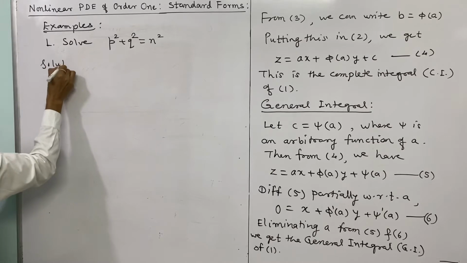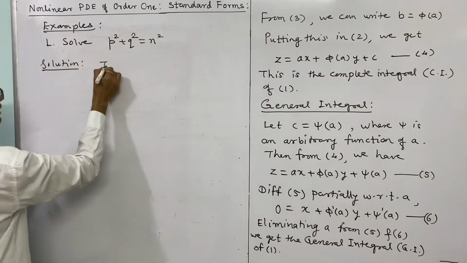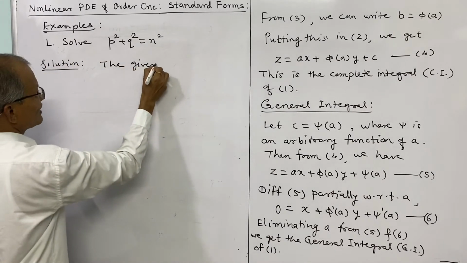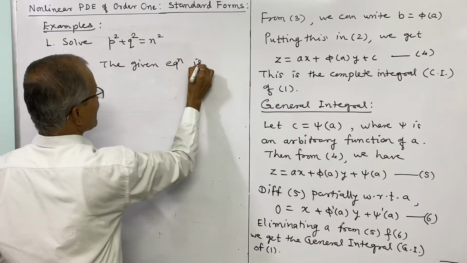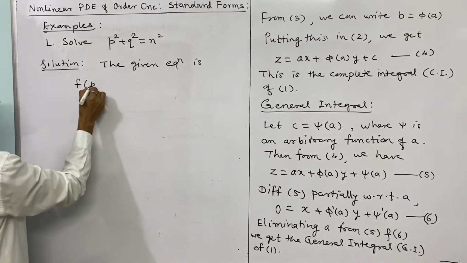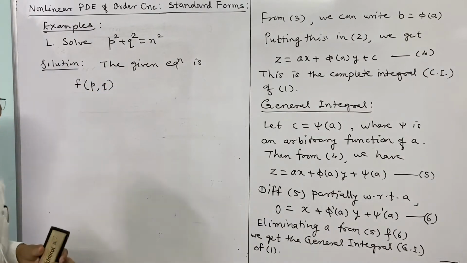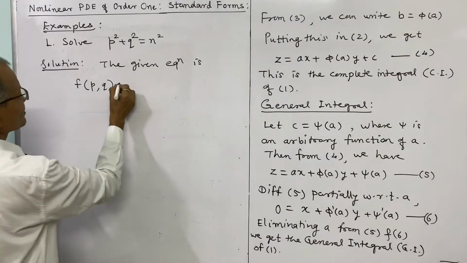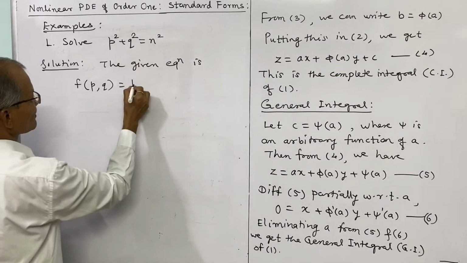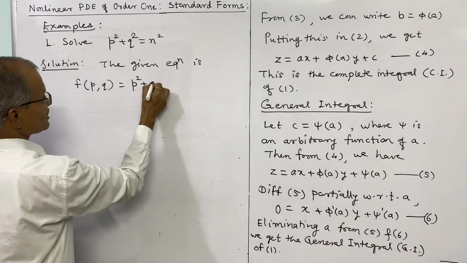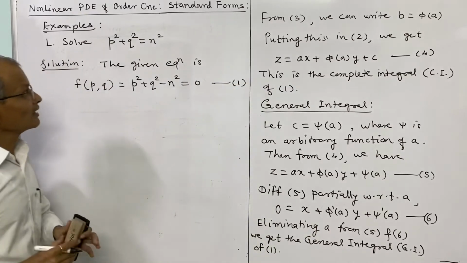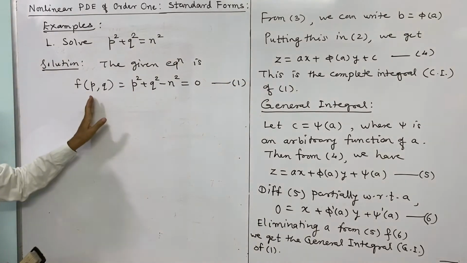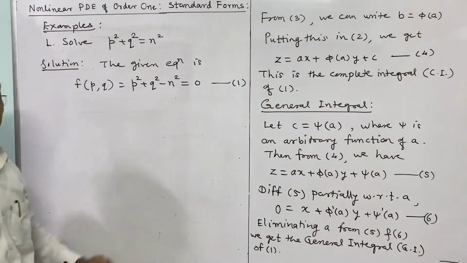So, solution for this: the given equation, we should write it in the standard form first. And we know the standard form is f of p and q is equal to 0, and the right side should be 0, so therefore this n square we shall transfer to the left side. p square plus q square minus n square is equal to 0. So this is our given equation, the same equation we have written in this form, function of p and q, right side 0.